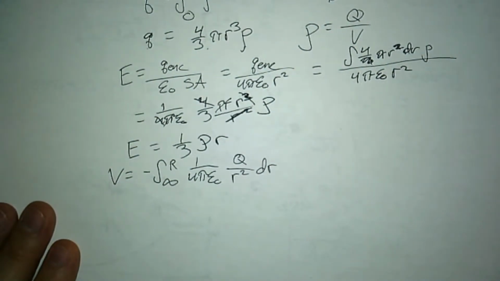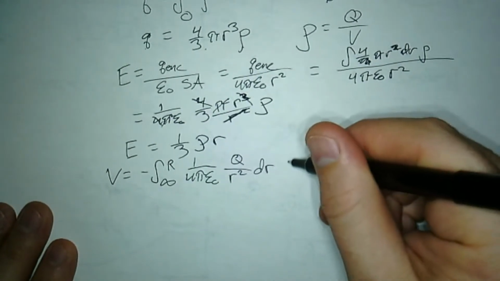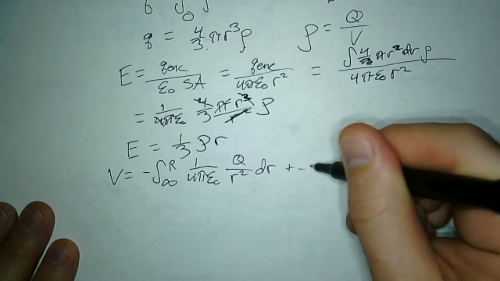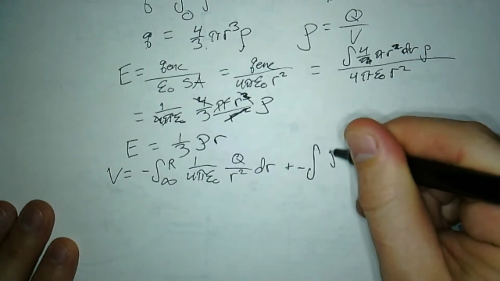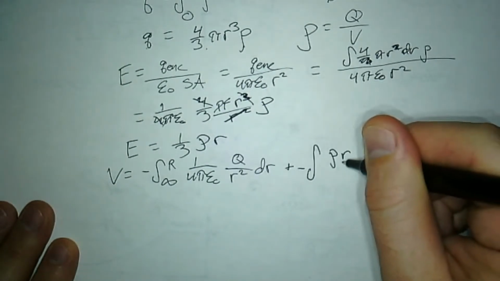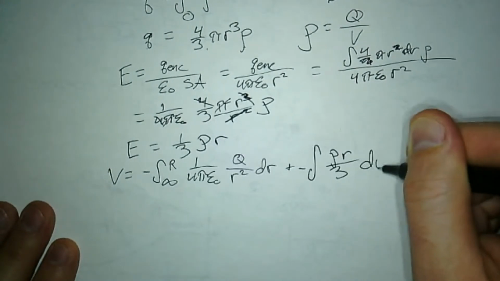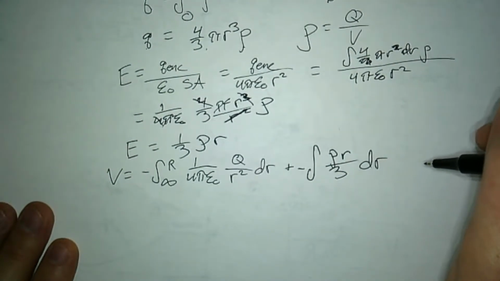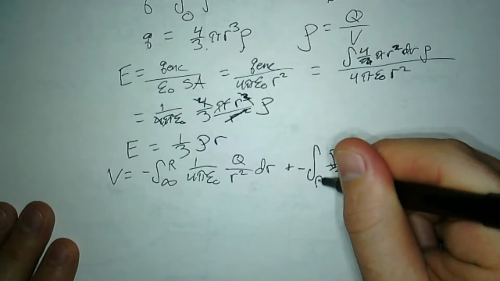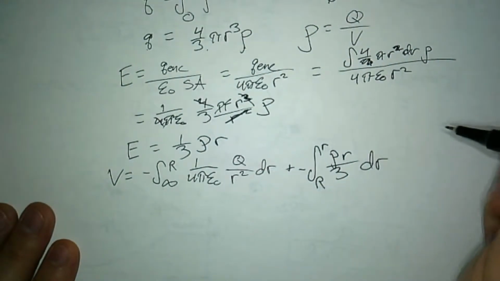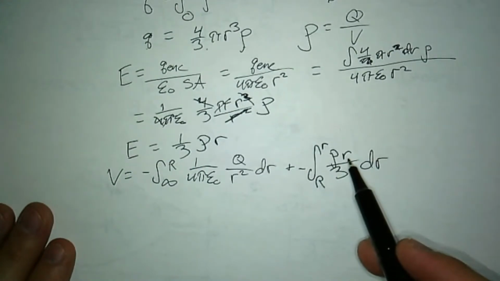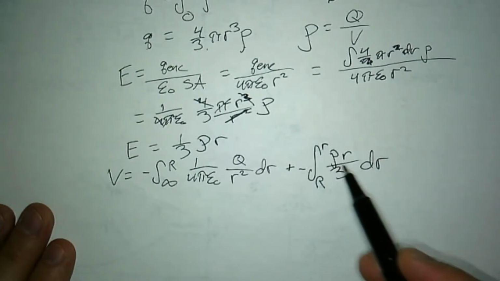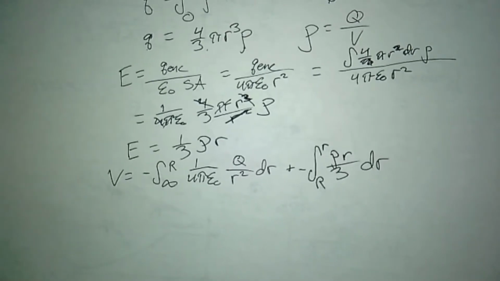We've already done that one. I'm just showing you the full thing again, plus negative integral of rho r over 3 dr. And this is going to be from R to little r. Or we can use different variable names if you're uncomfortable having the same variable here as here, but it really doesn't matter because it's all notation.